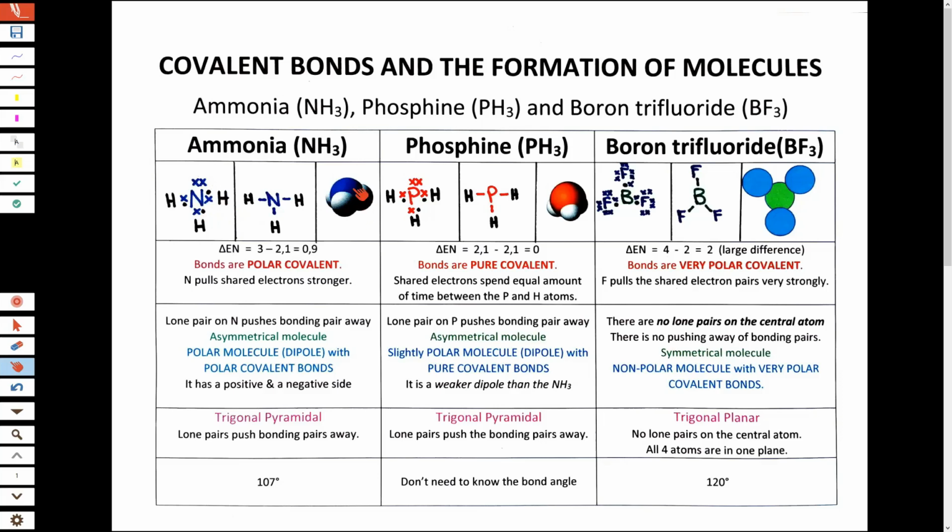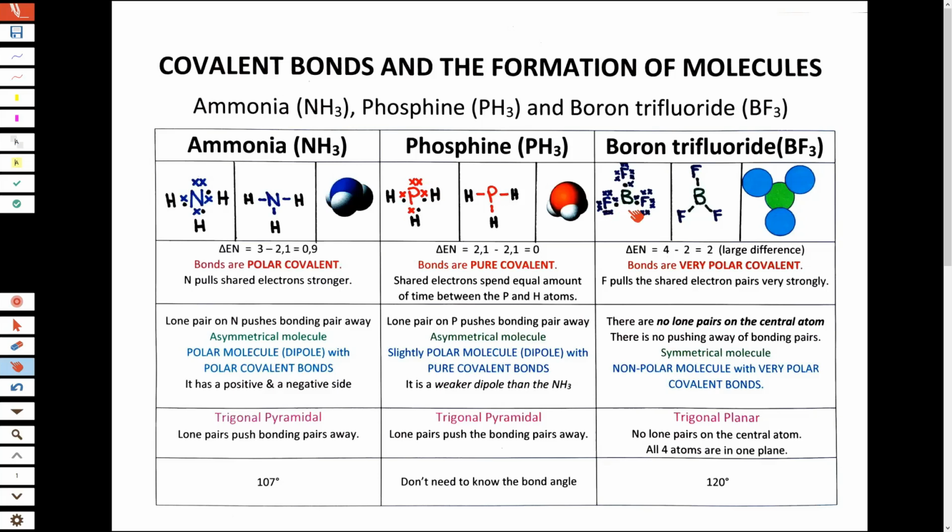The blue one is the nitrogen atom. The hydrogen atoms are pushed towards the bottom. The same in the phosphine. The hydrogen atoms are pushed away towards the bottom. This shape is trigonal pyramidal. I do mention it on the table lower down, but we're not going to go there now. What I want you to notice here are the lone pairs.